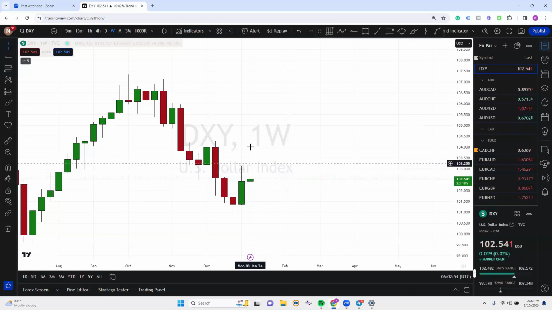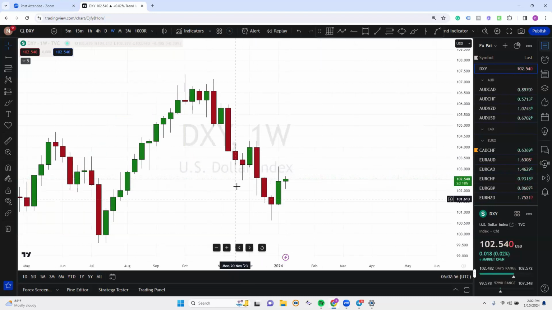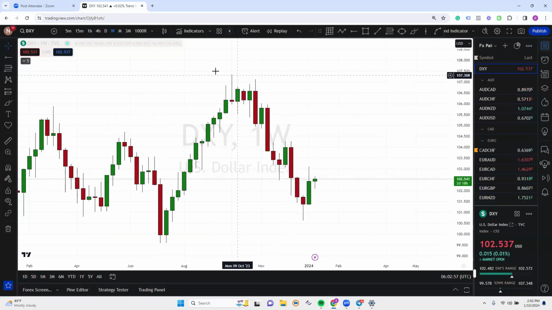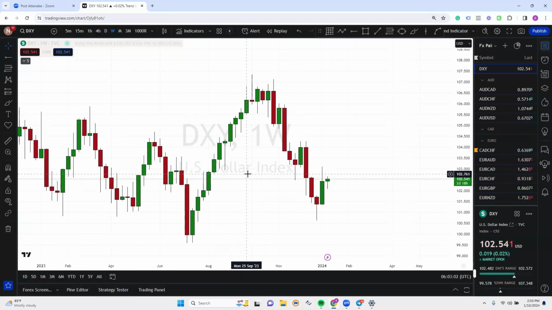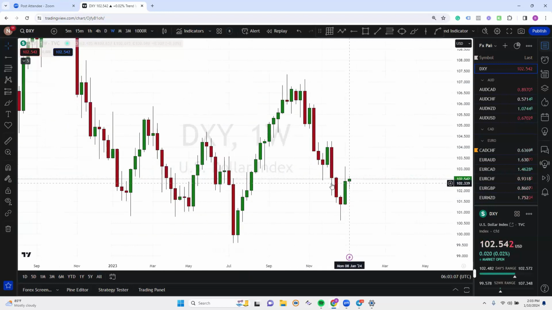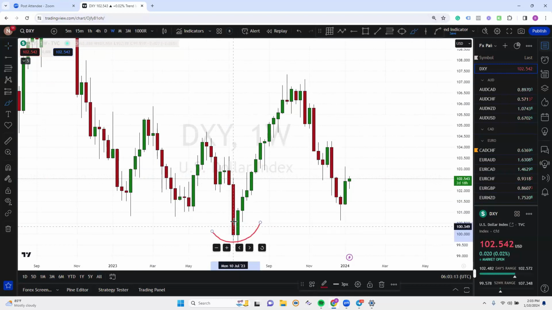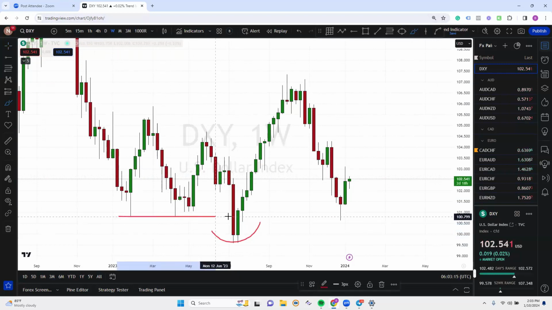Based on the previous week's candle? No, based on all this. I just explained to you, based on all this. I thought it's based on the swing low on the weekly, no? No, we can't base it just on the candlestick pattern because it's a combination of all. You can see that we have this low that took out this stop hunt, right?